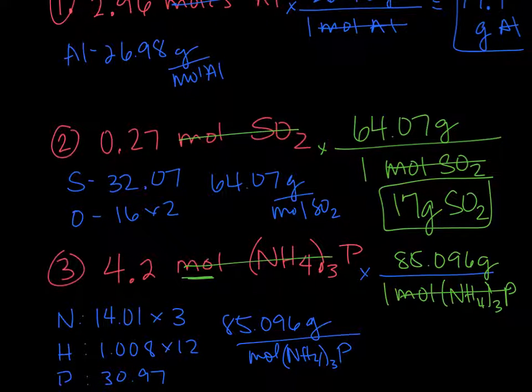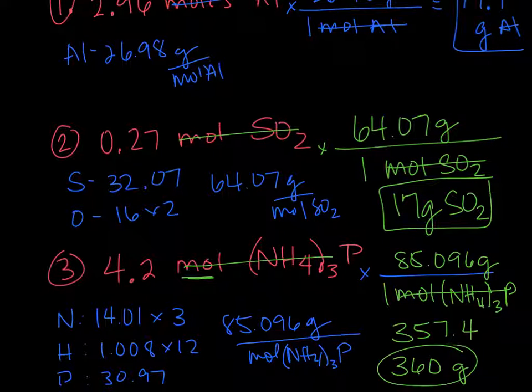So mole cancels with mole, and we're going to multiply 4.2 times 85.096, and that gives me 357.4. Now, if you were writing this for sig figs, you would just say 360 grams. Okay?